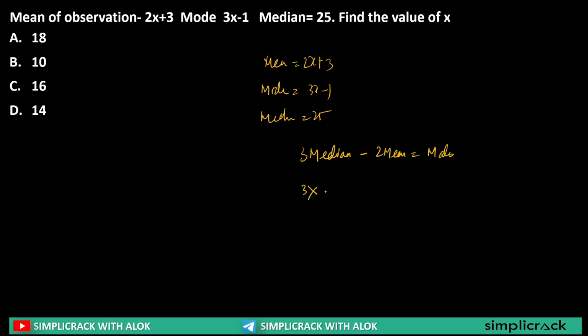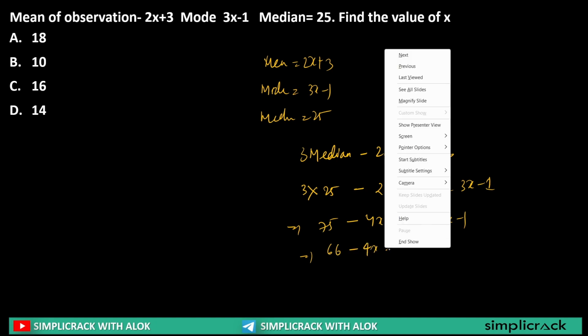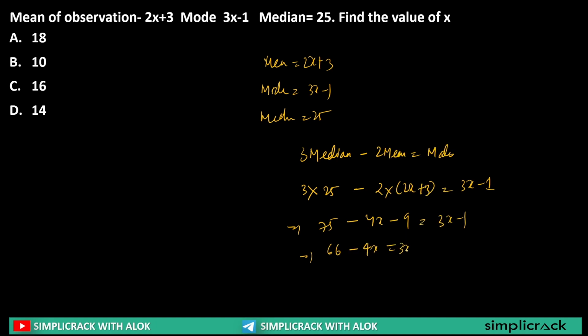So 3 into median 25 minus 2 into mean, that is 2x plus 3, is equal to 3x minus 1. So 75 minus 4x minus 6 is equal to 3x minus 1.